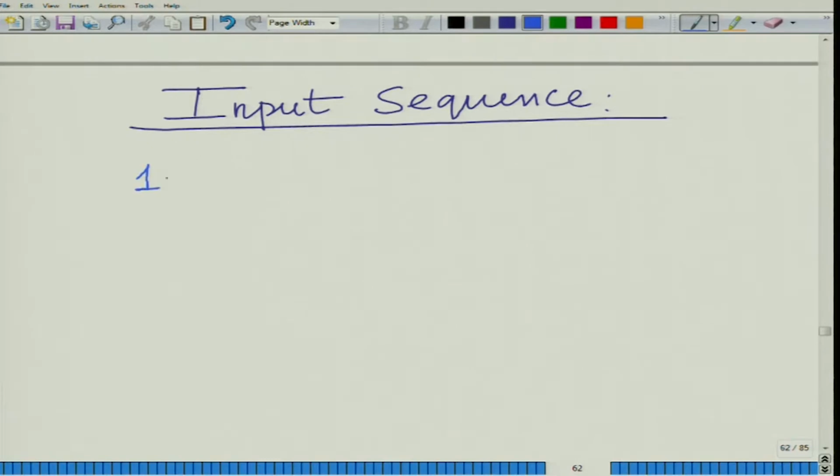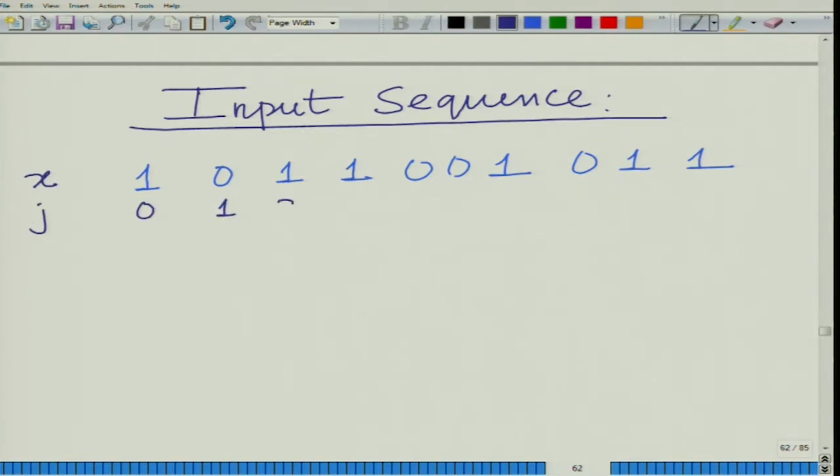So our input sequence is 1 0 1 1 0, the same sequence that we have considered previously, 0 0 1 0 1 1. So 1 0 1 1 0 0 1 0 1 1. So this is the time instant. So this is x, I am going to write the time instant. First is 0 1 2 3 4 5 6 7 8 9.